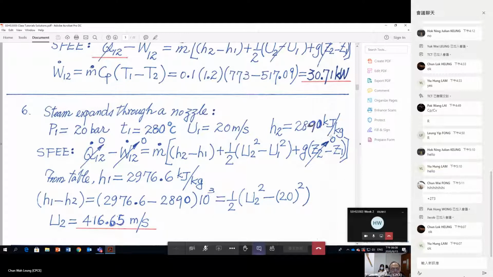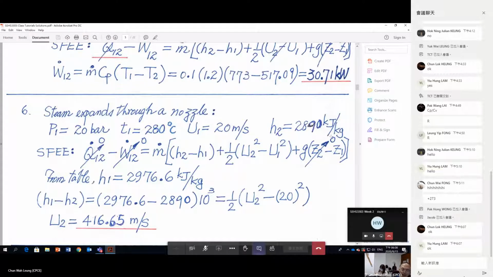H2, H1 are fine. It's 2976.6 minus 2890. And is equal to, the other side is half U2 square minus U1 square.